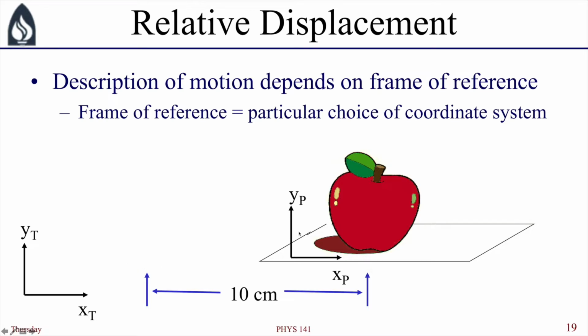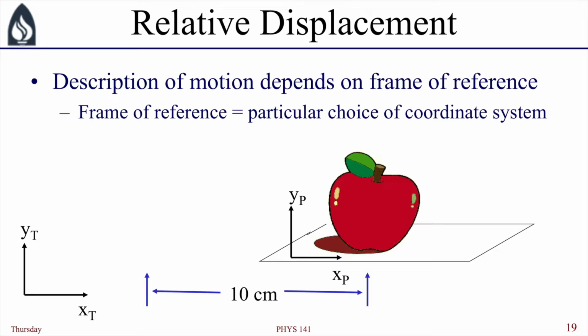However, according to the frame of reference, or the coordinate system, that's affixed to the paper, since it traveled along with the apple, the apple has not moved. Both of these statements, the statement made by the table coordinate system and the one made by the paper coordinate system, are correct because the two have moved relative to each other.